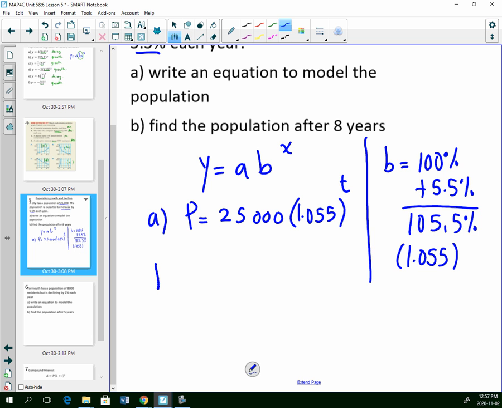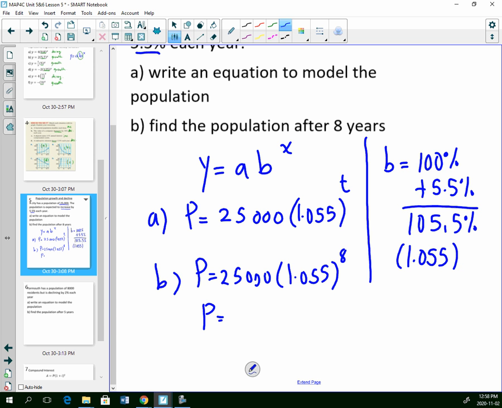And then we're going to answer the question in B, what would be the population after 8 years? So once we have the equation, we can just put in a value of 8 in for t. And then it's just a matter of typing that into our calculator. Remember that you always want to do order of operations, which is exponents first.